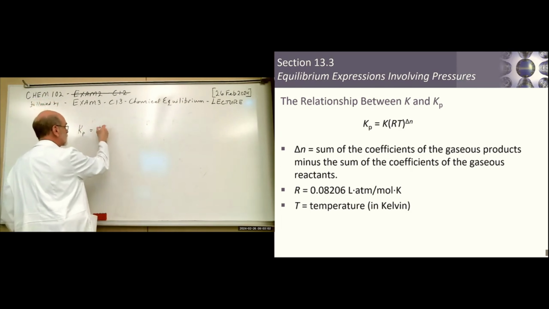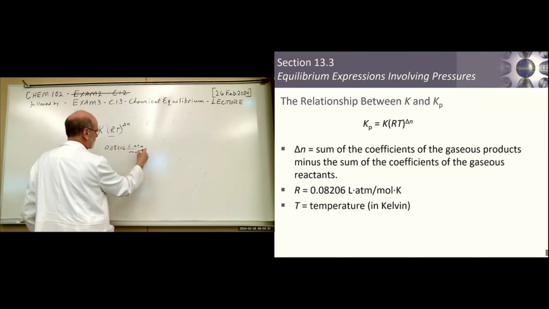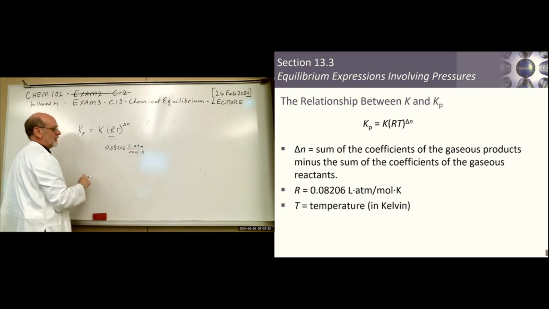And we know this is atmospheres because the R that we use is 0.08206 liter atmospheres per mole K. So we know that the pressure has to be in atmospheres, and the temperature's in K, and we know that the concentration is molarity because liters over moles cancels moles over liters, which is molarity.